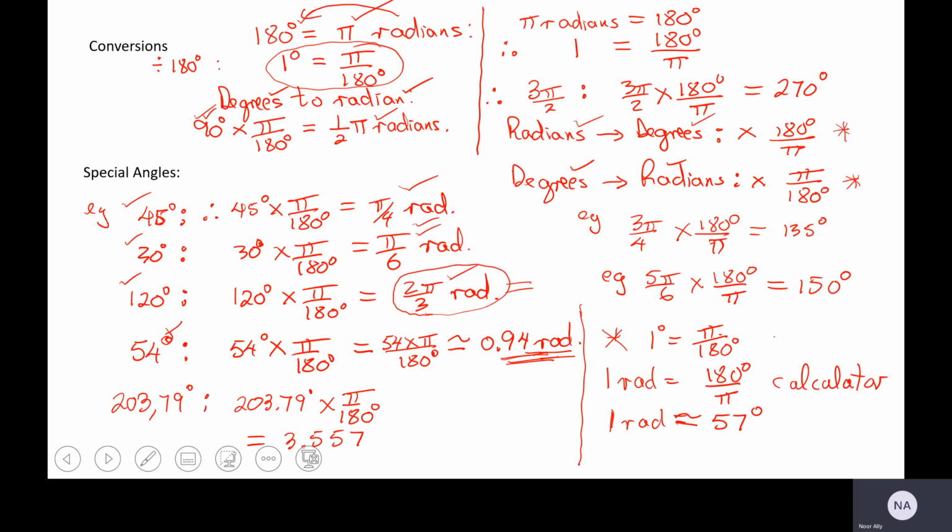Right, so extremely important here. Of course, converting from degrees to radians, radians to degrees, and we can look at anything. Now, what about other cases? For example, if I give you 2.34 radians, how many degrees?